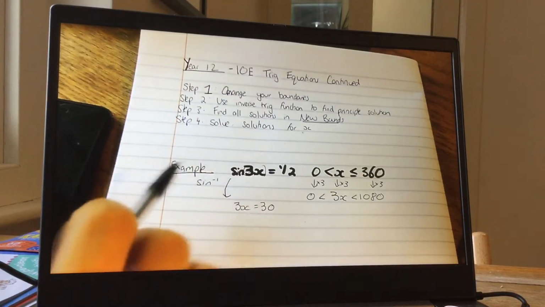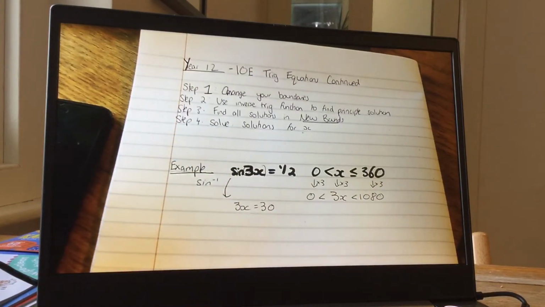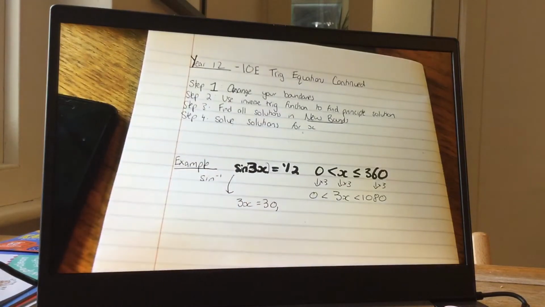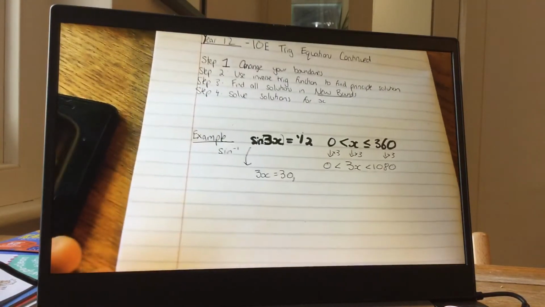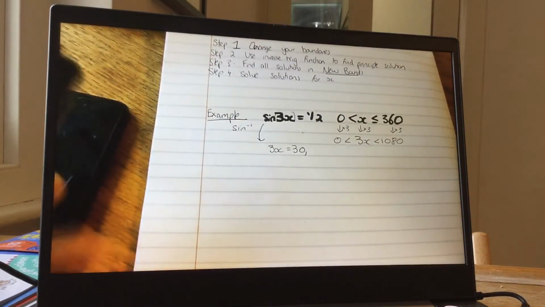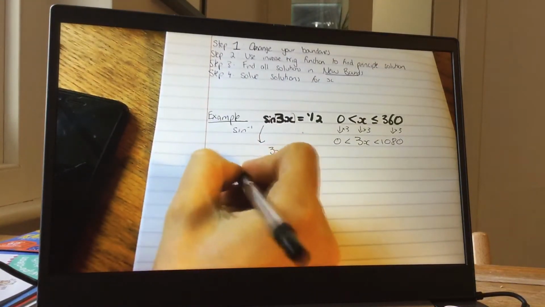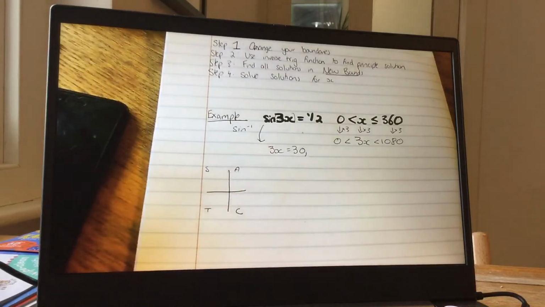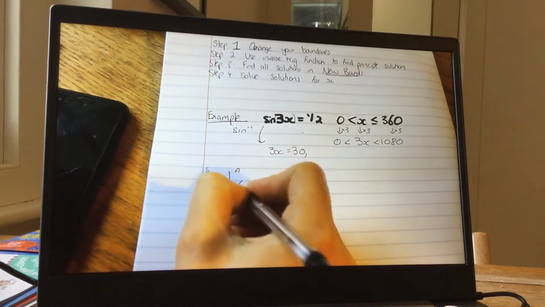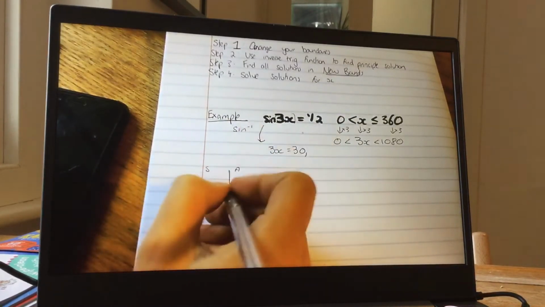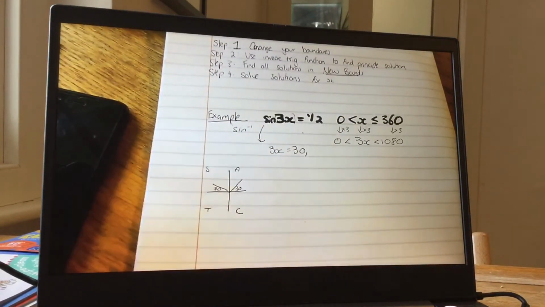Then the next thing we need to do is find all of our solutions according to our new bounds, because as we know, 30 is not just the answer. And I'll show you how to do this using both methods. If you were to do it using the CAST diagram, then here is our principal, our first, there's our 30, and we know that sine was positive, so there's another solution of 150 here.